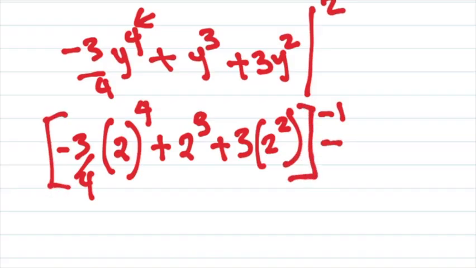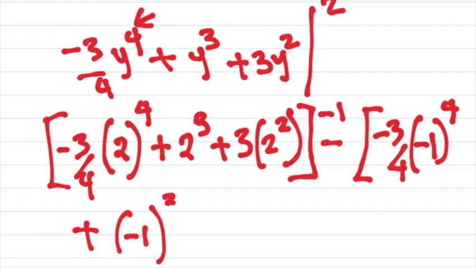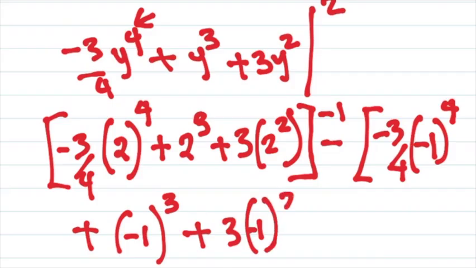And we're gonna subtract the lower limit, which is at -1: -1 cubed plus 3 times -1 squared minus 3 over 4 times -1 to the fourth.